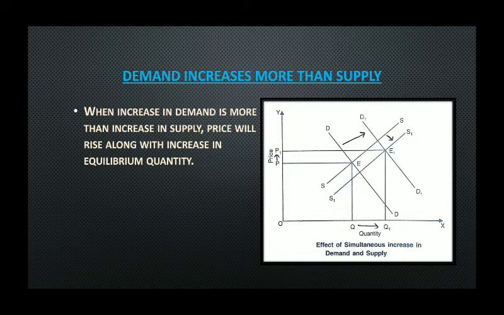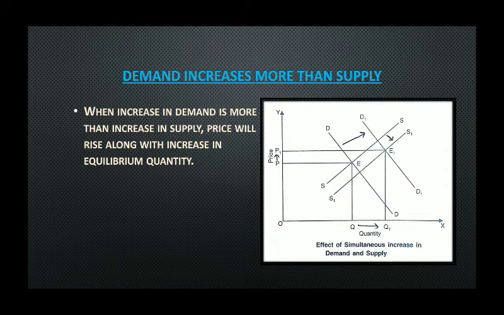So OP1 and OQ1 both are more than OP and OQ, meaning the initial price and quantity are lower and the new price and quantity are larger. That means when demand and supply both increase and demand increases more than supply, then the result will be an increase in equilibrium price as well as quantity.